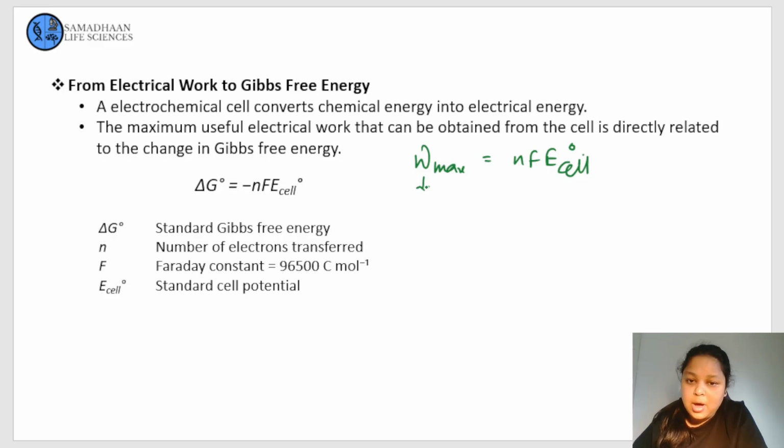Now this work is quantitatively positive because this is work done by the system, and from energy conversion we can say that the work done by the system will be equal to the change of Gibbs free energy in the process. So we can write delta G is equal to minus W, and so we get this equation: delta G naught is equal to minus nFE cell, where delta G naught is the standard Gibbs free energy.